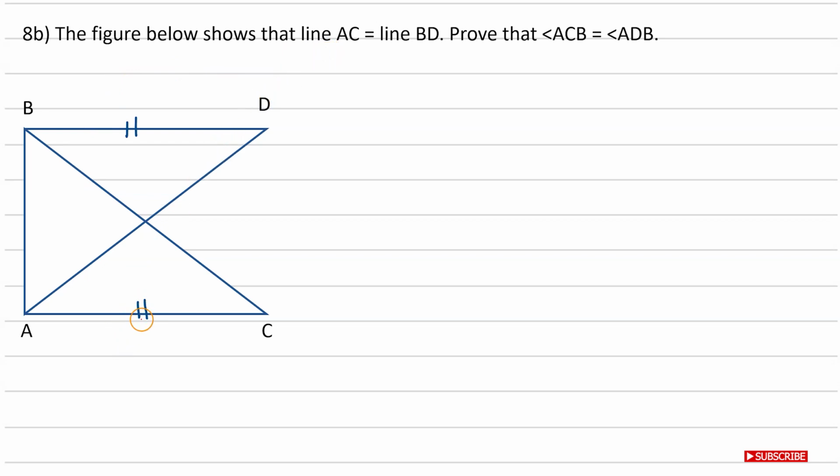So AC is this one, BD is this one here. Prove that angle ACB, which is this one here, is equal to angle ADB. ADB is this angle here. We need to show that they are equal. So what do we need to do? Well, first of all, this question should show a rectangle there, or it should say there are two rectangles.